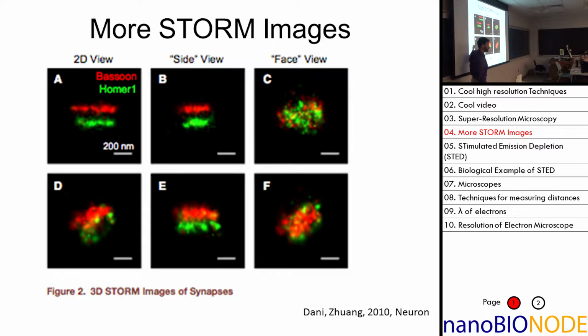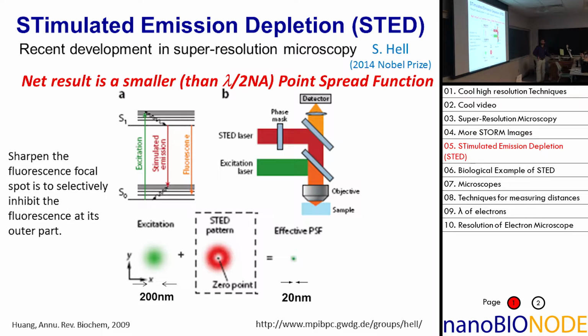And these synapses are really important. You have about 100 billion of them in your brains. Actually, no. Synapses, you have about 100 trillion of them in your brain. Okay. So that was the method of STORM, also called PALM.